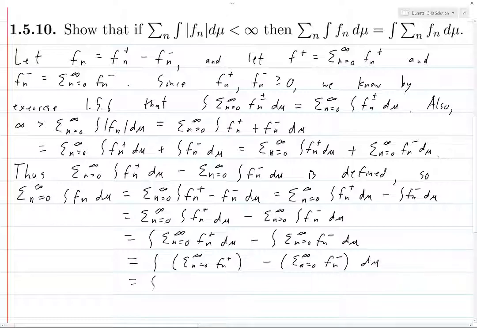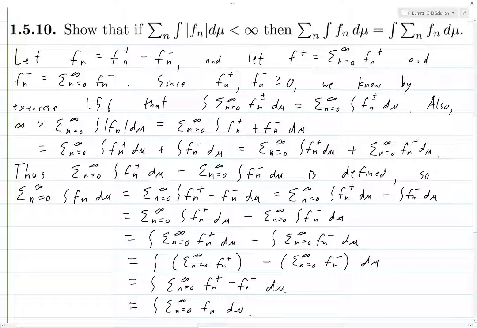So then this is just the sum from n equals 0 to infinity, just rearranging these, of f_n plus minus f_n minus d mu. And then this is precisely the integral of the sum n equals 0 to infinity of f_n d mu. And that's what we wanted to prove.